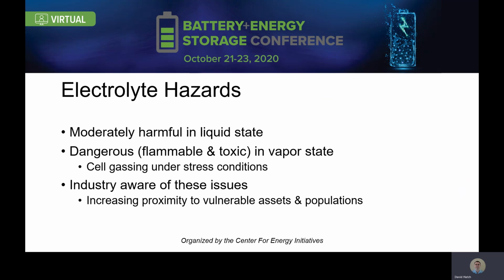But these are not unknown issues, and the energy industry is well aware of these and is working to address them, but it becomes even more critical when you have battery storage systems next to vulnerable assets or communities.